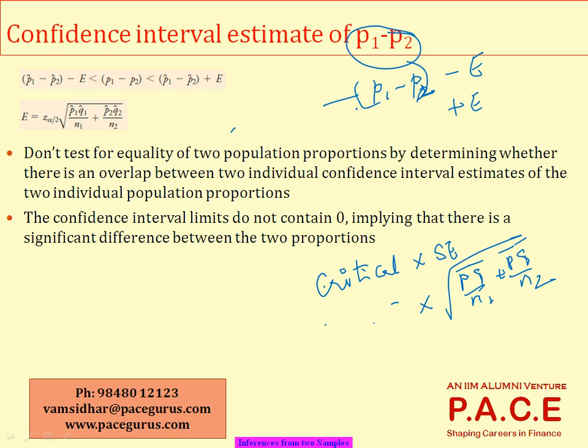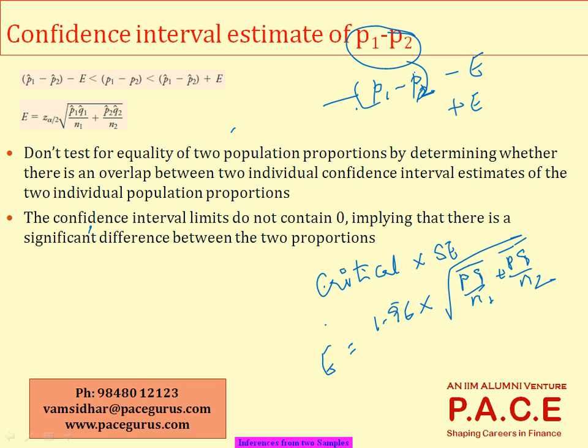If I want a 5% level of significance, you multiply it with 1.96. So this will be my margin of error, and this margin of error you subtract from p1 minus p2, and you add it to p1 minus p2. That will give you the 95% confidence interval of p1 minus p2. And how do you go about testing the equality of the two proportions?